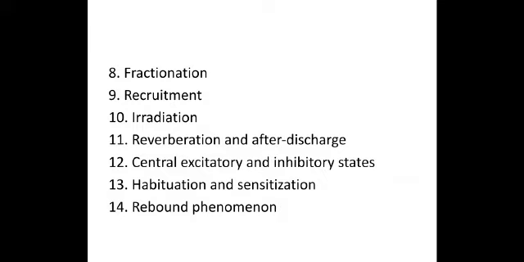So, what is the central excitatory and inhibitory state? As you all know, the spinal cord shows prolonged changes in excitability because of the activity of reverberating circuits or prolonged effects of synaptic mediators. The prolonged state in which excitatory influences exceed the inhibitory influences is called the central excitatory state.